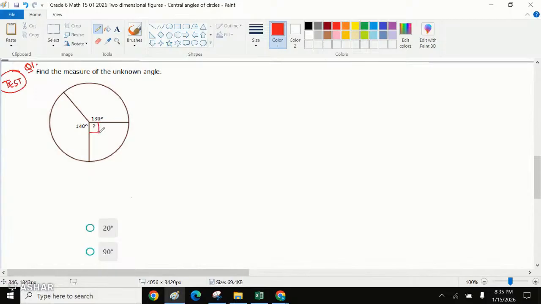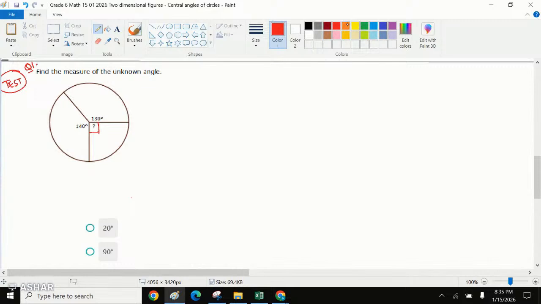We can say this is the right angle just by looking. And the right angle cannot be 20. Out of these two options, sometimes we can even guess the answer, right?